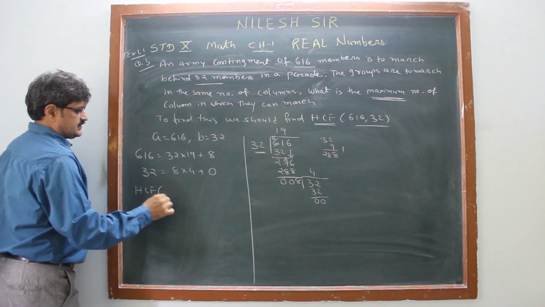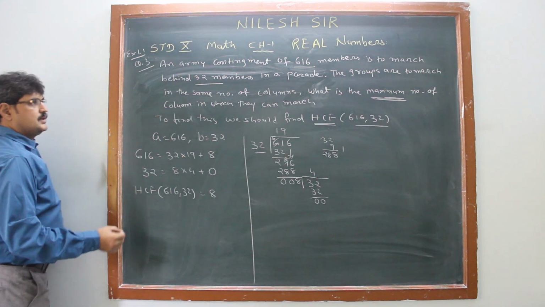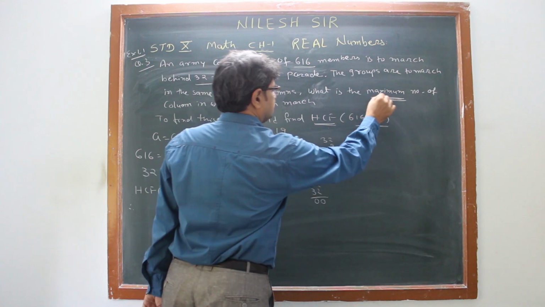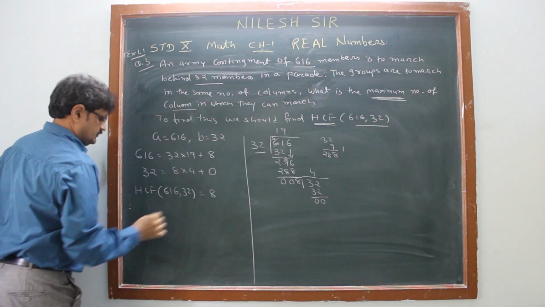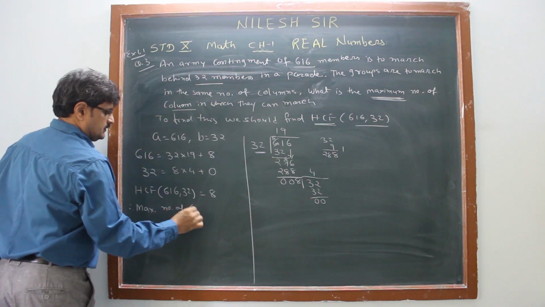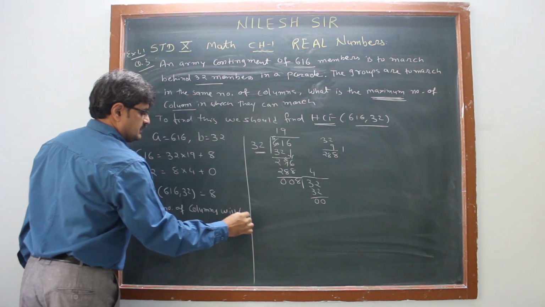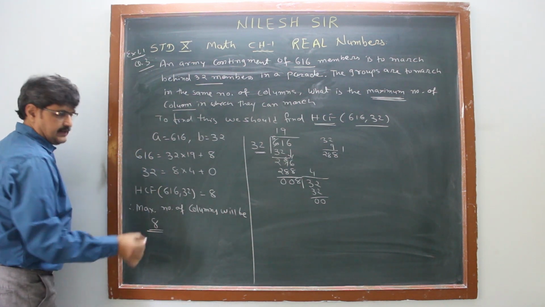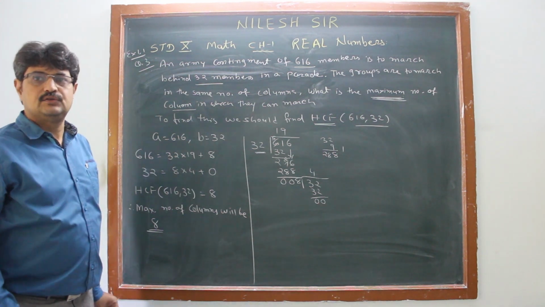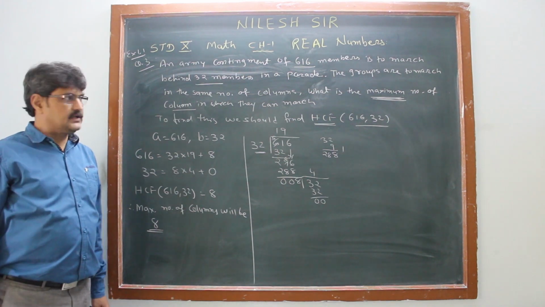So I can say that the HCF of 616 and 32 is 8, which means the maximum number of columns will be 8. So they have to march in 8 columns. So in this way we can do the sum. Okay? Now the next one.